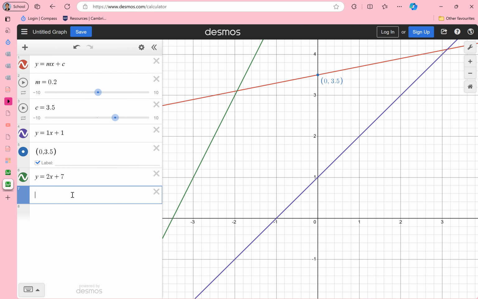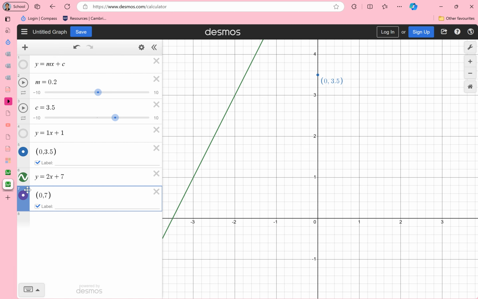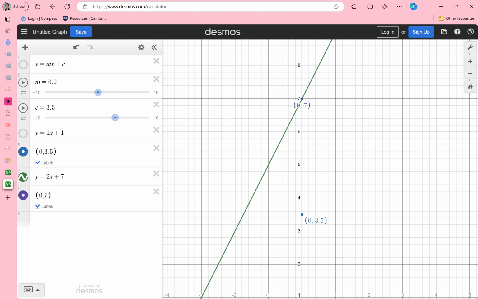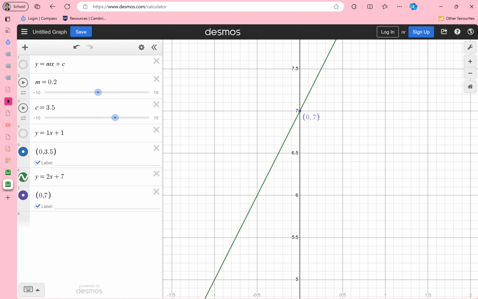So let's test that. I'm going to type in 0, 7, and I want you to see that for the green line. I'm going to take all the other lines away so you don't get confused, but I want you to see here, if I zoom up, scroll up, the y-intercept is actually at 0, 7. So that plus C, that's what it does.